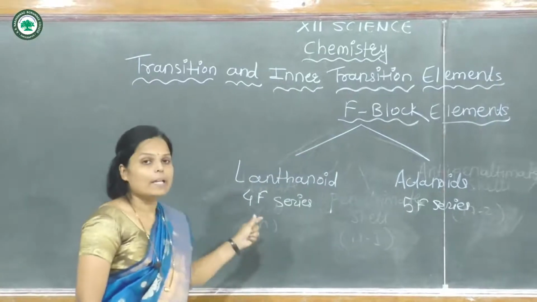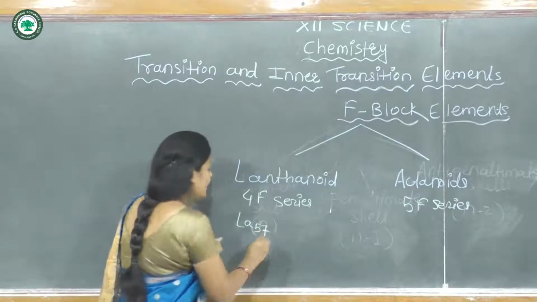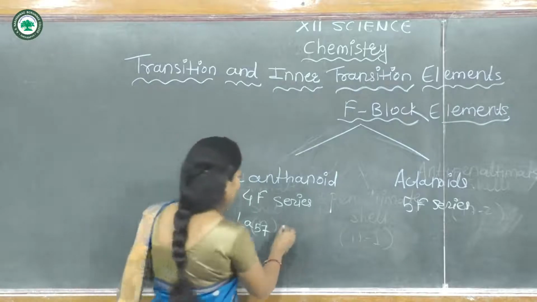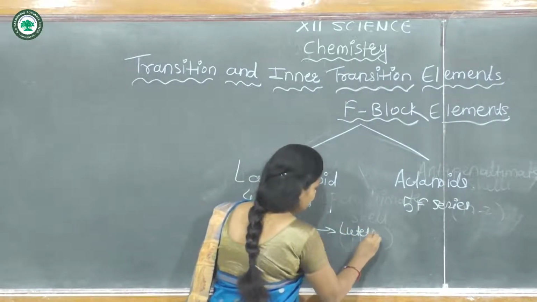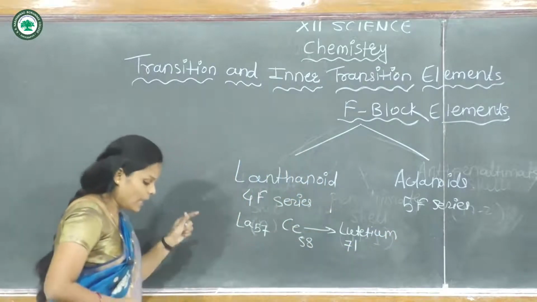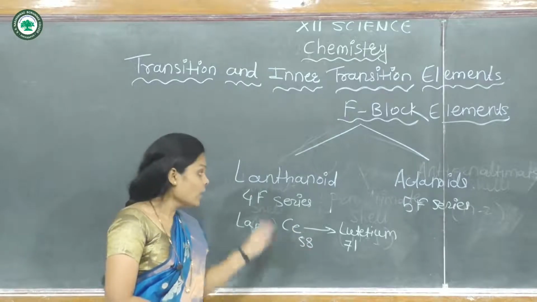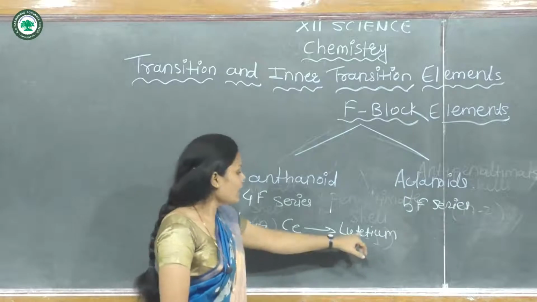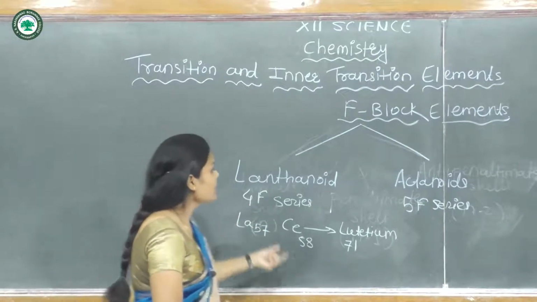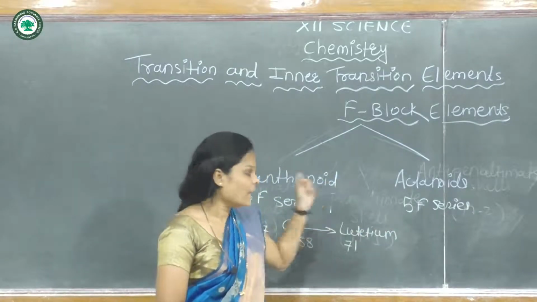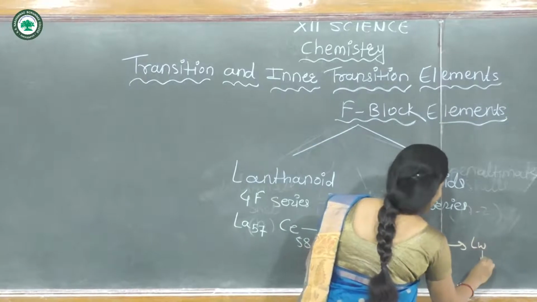Now, in the lanthanoids, La is 57, and the series starts from cerium, atomic number 58, to lutetium, atomic number 71. The end of the series is lutetium, atomic number 71. Similarly, the actinide series is the 5f series, with elements from thorium, 90, to lawrencium, 103.